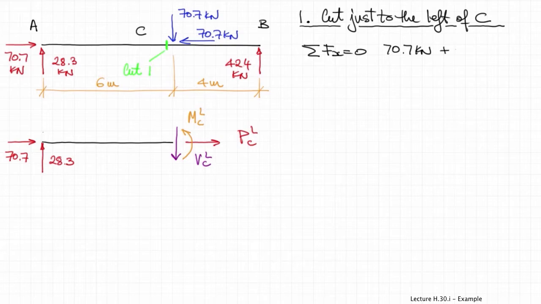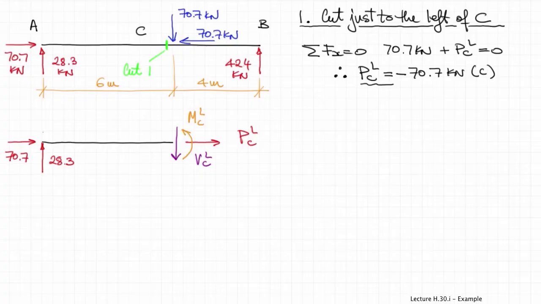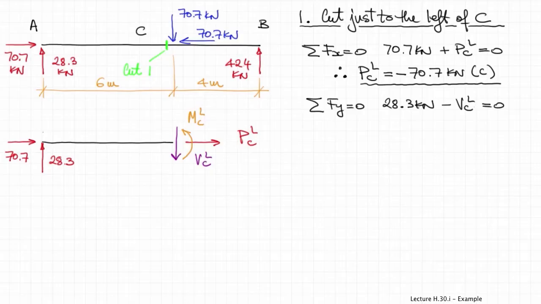Sum of the forces in the horizontal direction will solve for the axial force at C on the left-hand side of P, negative 70.7 kilonewtons. That indicates that member AC is in compression. Sum of the forces in the vertical direction then will solve for the shear force at C on the left-hand side of the applied force.